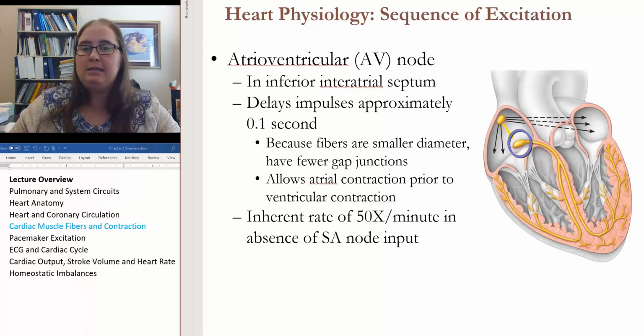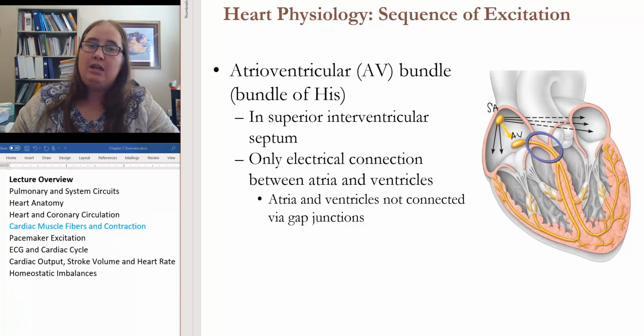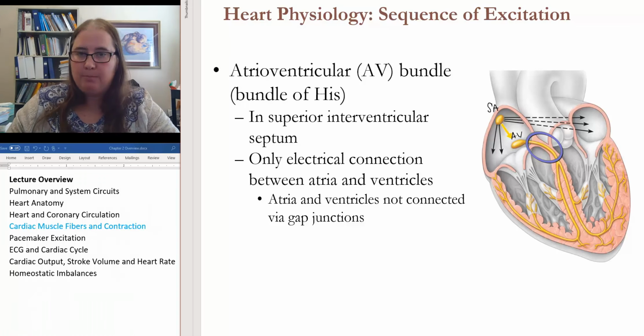You only see that if the SA node starts to fail or fails. Okay. So from our AV node, so again, we have our SA node here. We go down to our AV node. Okay. And that AV node then sends that electrical signal down to what we call the atrioventricular bundle, also known as the bundle of His.